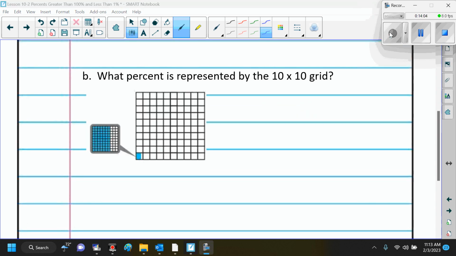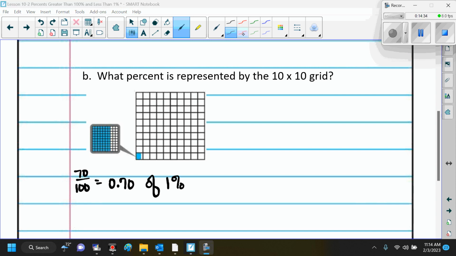So again, all you're going to do is look at that picture. How much is shaded in this blow-up piece? So this is 70 out of 100, right? So that's going to be 0.70 of 1%.